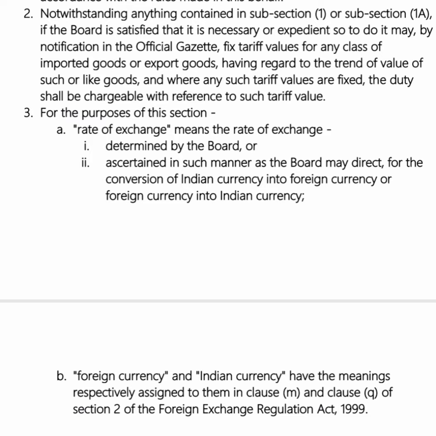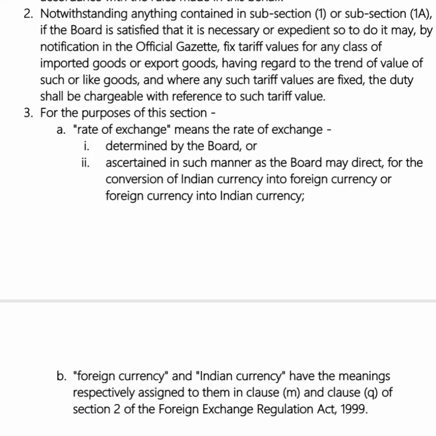As per the direction of the board, it is ascertained for the conversion of Indian currency and foreign currency. For this purpose, you have to look into the direction of the board to ascertain the rate of exchange for goods and services.